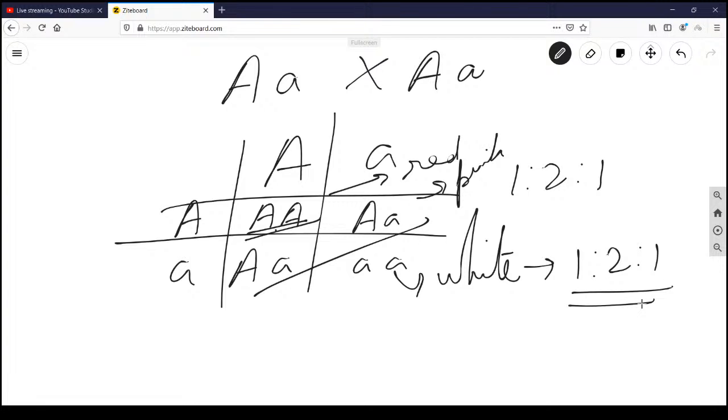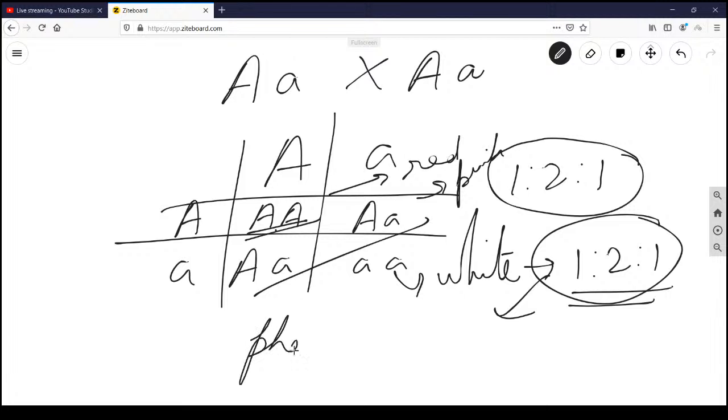So the answer is monohybrid cross. Not dihybrid, it's a monohybrid cross with incomplete dominance. Always remember this is the same phenotypic ratio. So it's a tricky question.